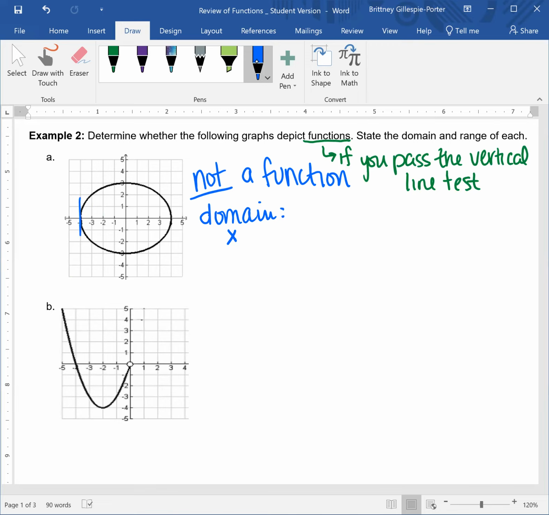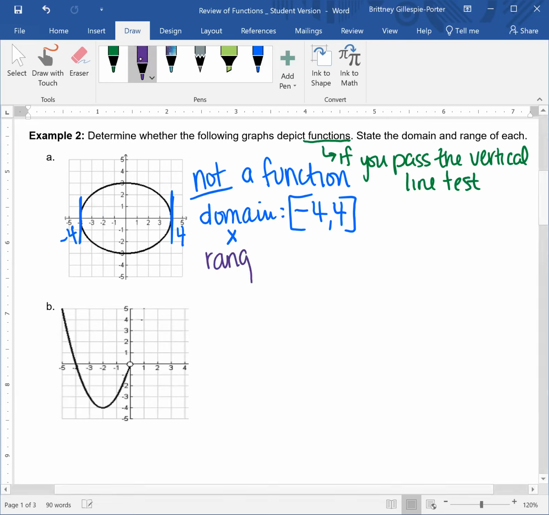The smallest x on the left is -4. So we're going to have -4 with a bracket because we can actually hit -4. And then we scroll over to the right, and the farthest we go is x equal to +4. So we're going to do comma 4 again with a bracket.